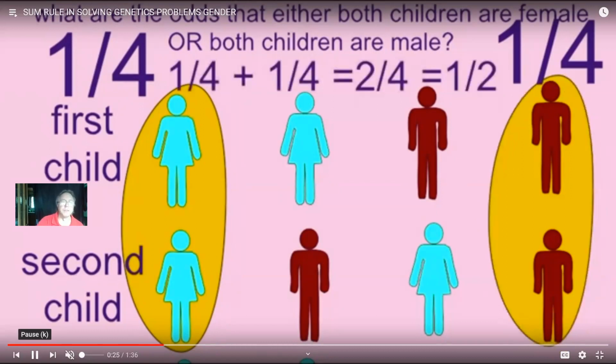Well, now this is called the sum rule, because instead of multiplying these together, you would then add them. So if the odds of having two girls would be 1 in 4, your odds of having two boys would be 1 in 4. You would then add them together, and then the odds would be 1/4 plus 1/4, which is equal to 2/4 or 1/2.